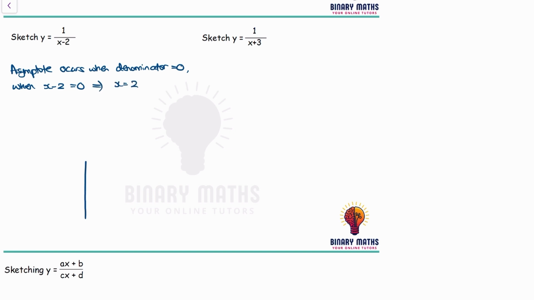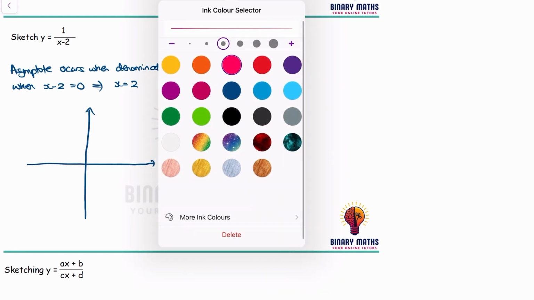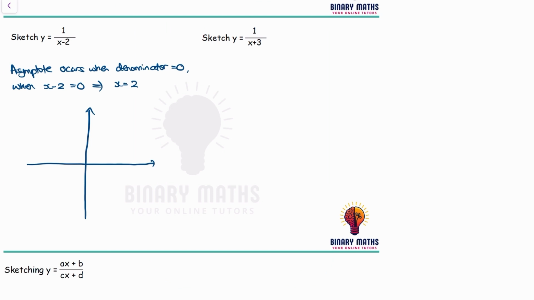So if I were to sketch it here, at x is equal to 2, somewhere here, we know there's an asymptote.